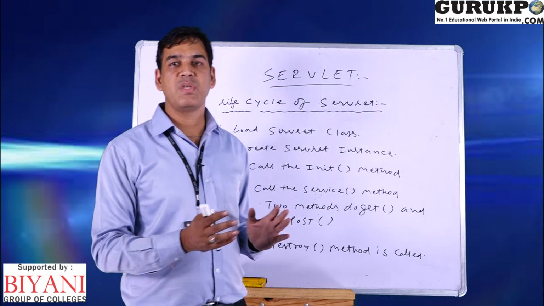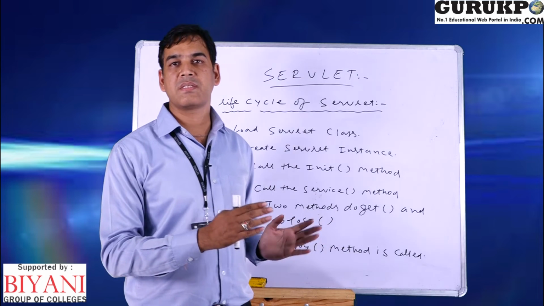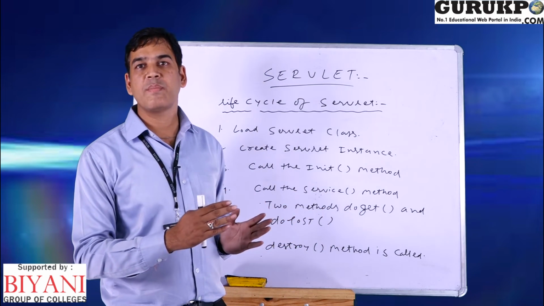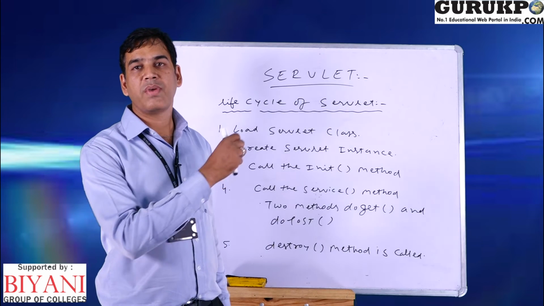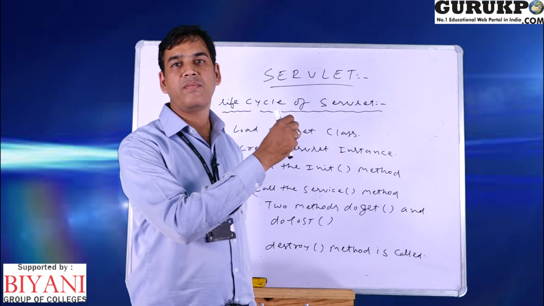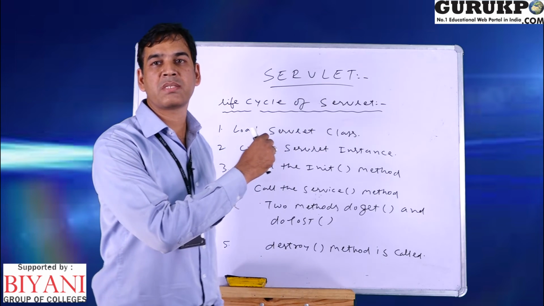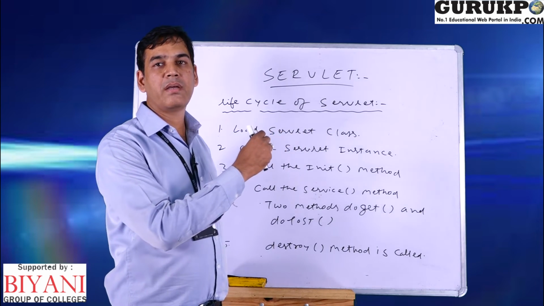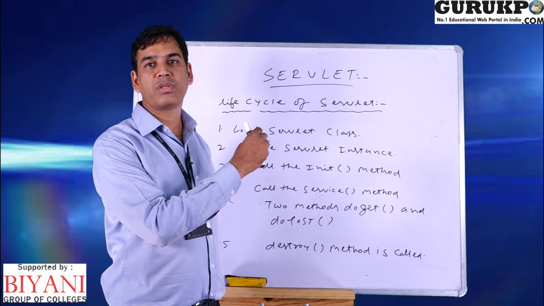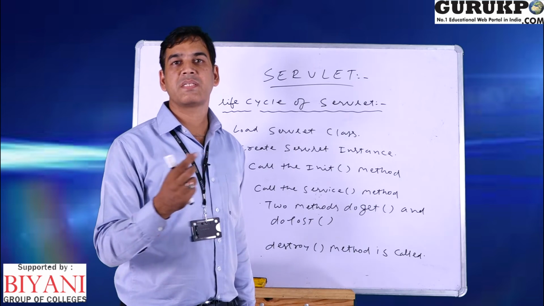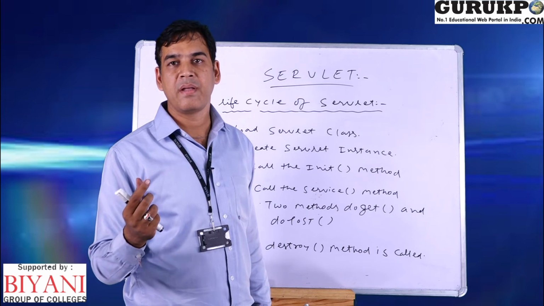Either one can be used, but the doPost method is a very secure method, while the doGet method is less secure, because we are using the URL and passing the parameters inside it, and only a limited number of parameters can be passed in the get method. In the post method we can pass a lot of parameters that are not predefined.